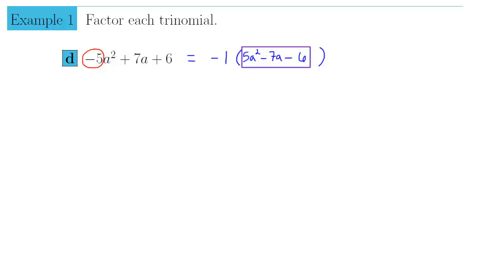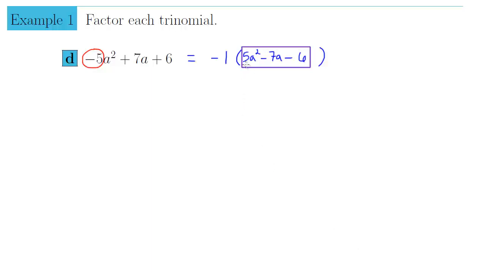So I highly suggest whenever you see a negative in front of your trinomial to factor a negative 1 outside of parentheses, and then inside the parentheses you put the exact same trinomial except all the signs have changed. Notice the 5 went from negative to positive, the 7 went from positive to negative, the 6 went from positive to negative. So now we're going to factor 5a squared minus 7a minus 6 using our usual technique.